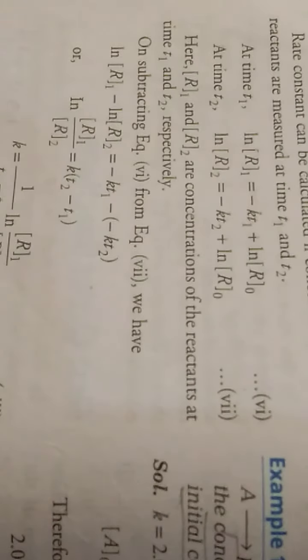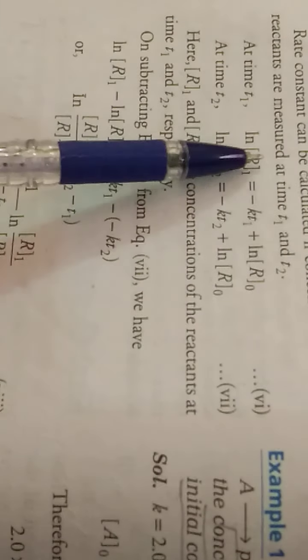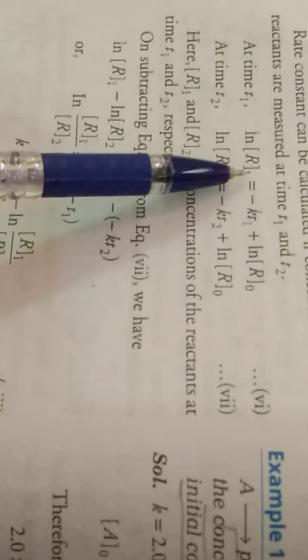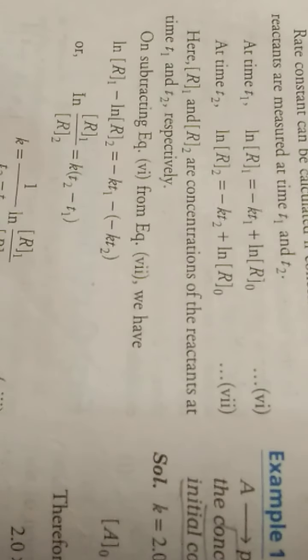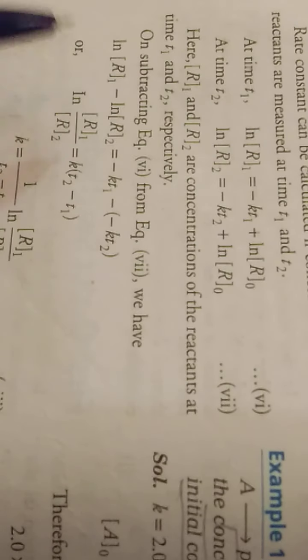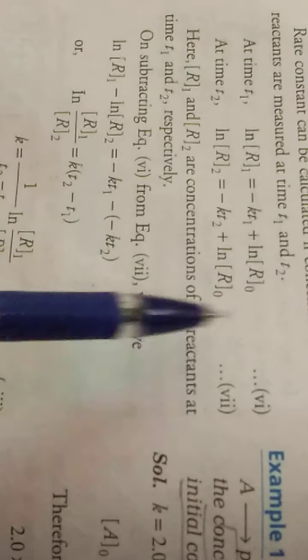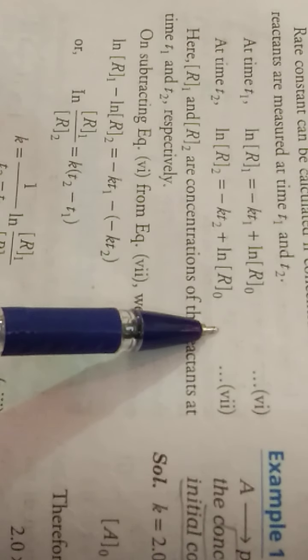Now children, what we'll do? Here we know that R1 and R2 are the concentrations of reactants at time t1 and time t2. If you subtract equation 6 from equation 7, what will you get, children?